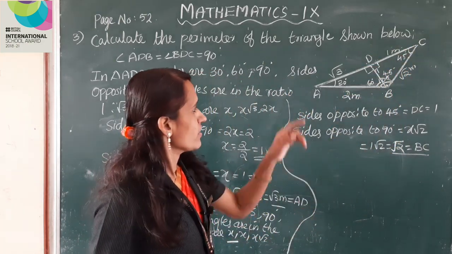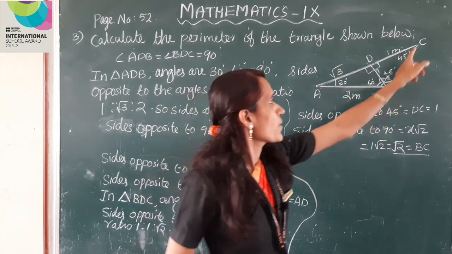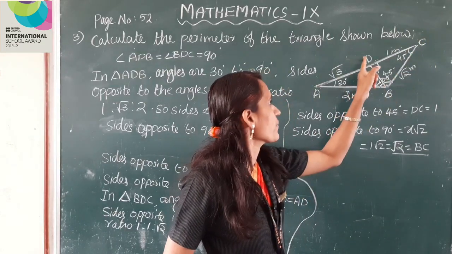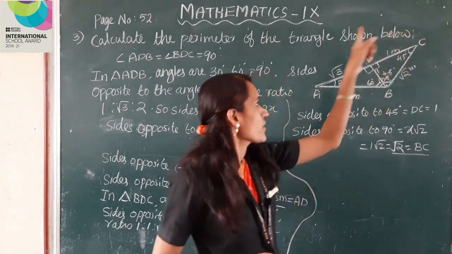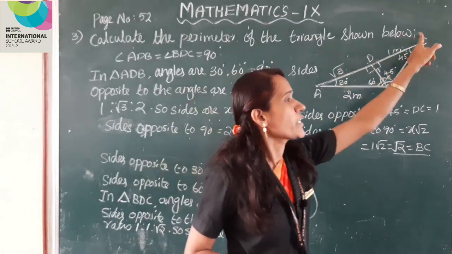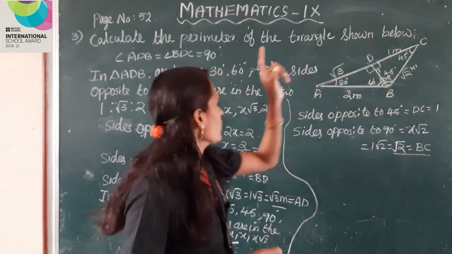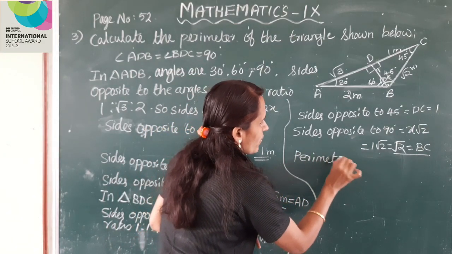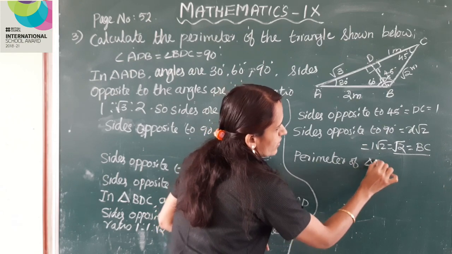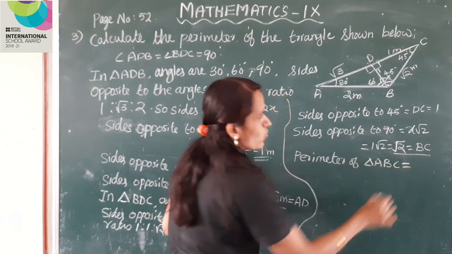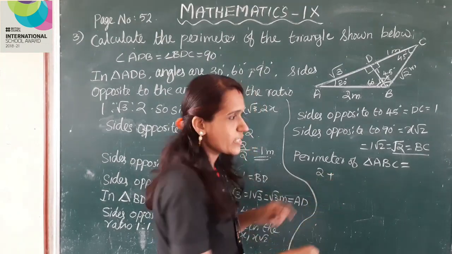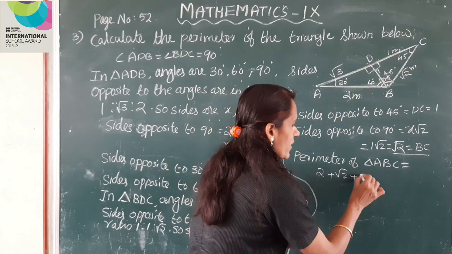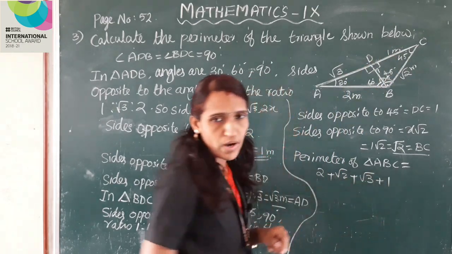Okay, here we get AB is 2 meter, BC is root 2 meter and AC is AD plus DC. Here AD is root 3 and DC is 1 meter. So perimeter of triangle ABC is equal to AB 2 plus BC root 2 plus AC. Here AC is root 3 plus 1.